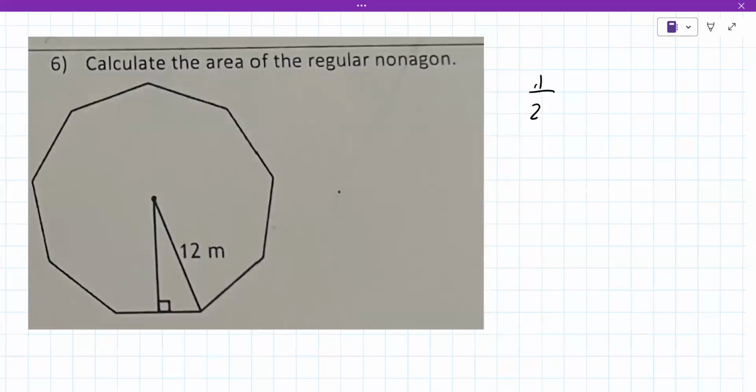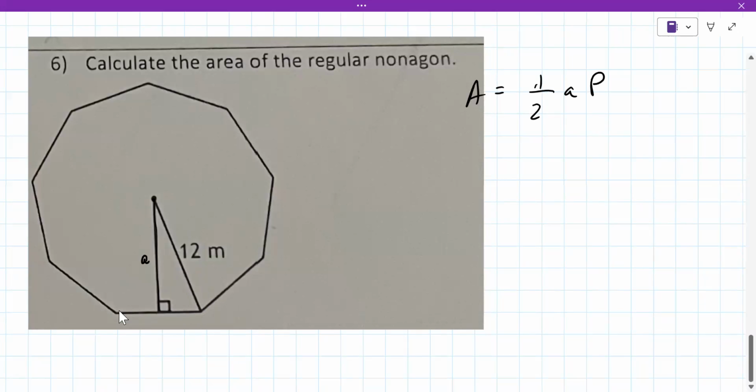So there's this formula: 1/2 the apothem times the perimeter. Have you seen that? No. All right. So the apothem is the distance from the center out to the base, I guess. Okay. So if we find this, we're in good shape.